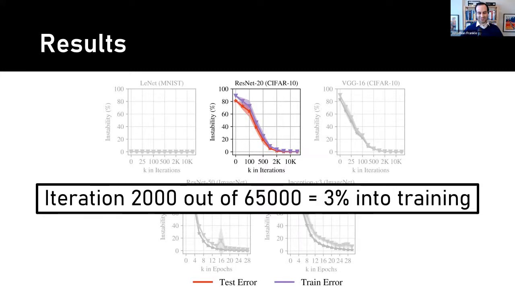On this VGG network on CIFAR-10, it's again about 3%. For the ImageNet networks, it's closer to 10%. We're training ResNet 50 on ImageNet for about 90 epochs, Inception for about 180 epochs, so around 10% of the way into training, SGD noise doesn't affect the outcome anymore, which I find really intriguing.